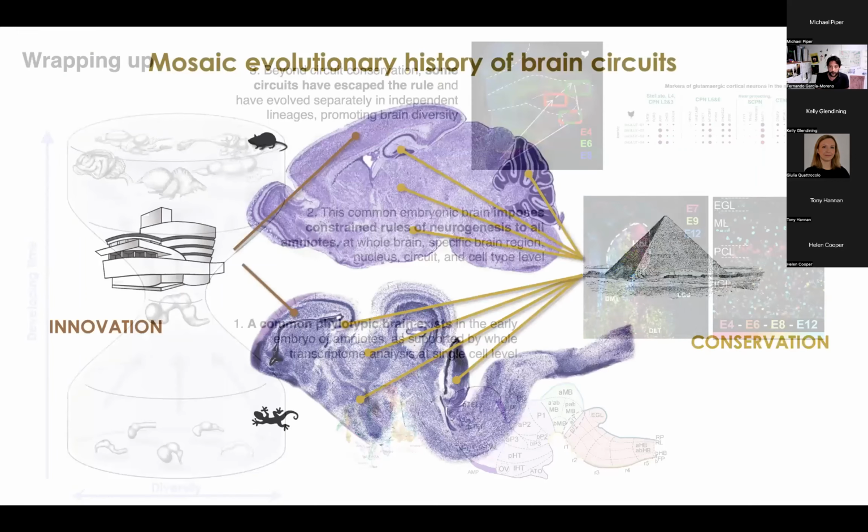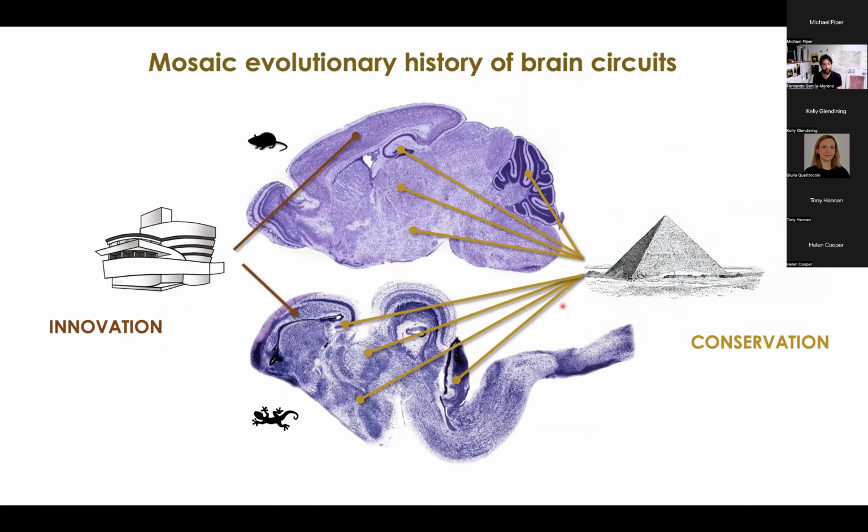Coming back to the title, there are many different cell types and circuitries which are built in a conserved manner, which I resemble here as a pyramid, but still, there is at least one circuitry in the neocortex and the dorsal cortex and dorsal pallium of other species in which evolutionary innovation has played a significant role.